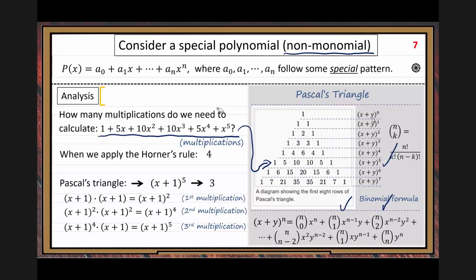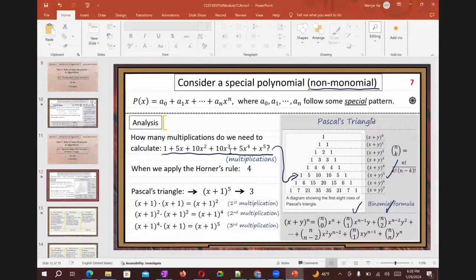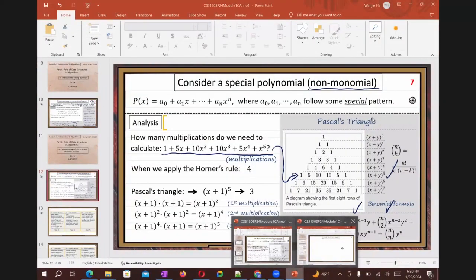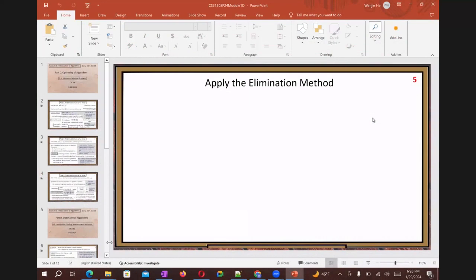Not much left. We just finished part C. Next we start part D, the last part of this module.